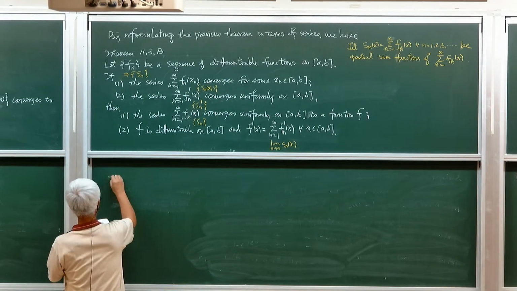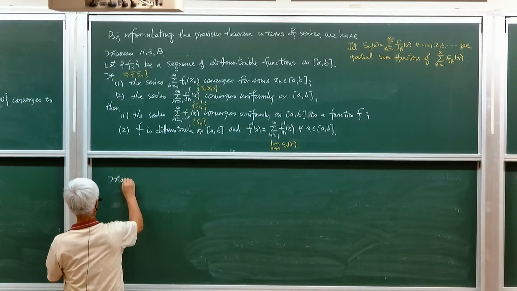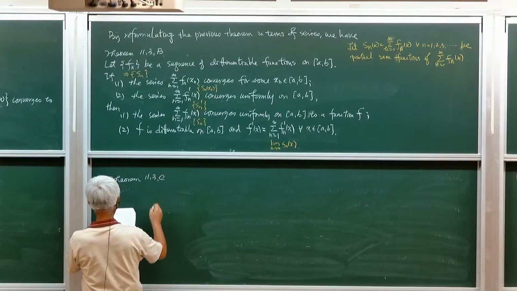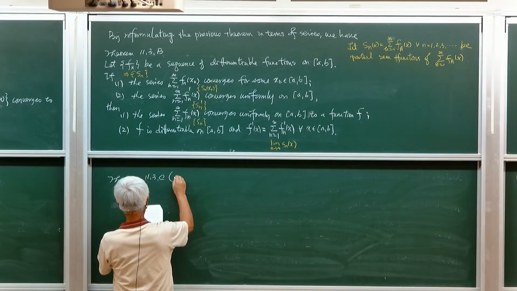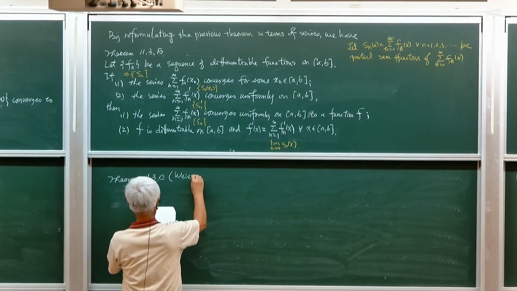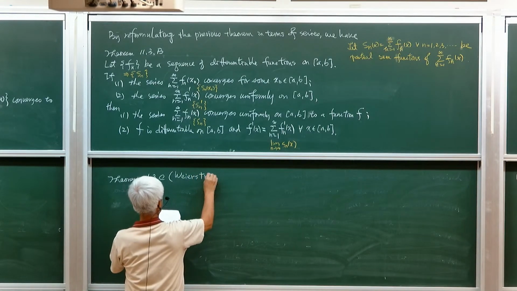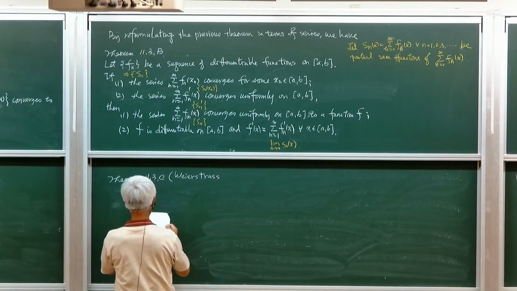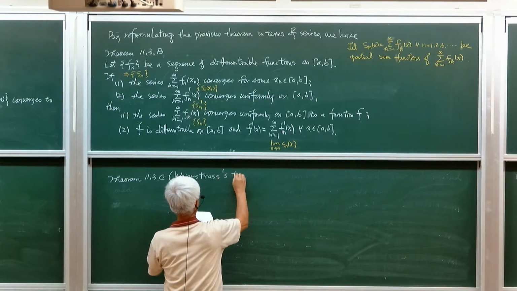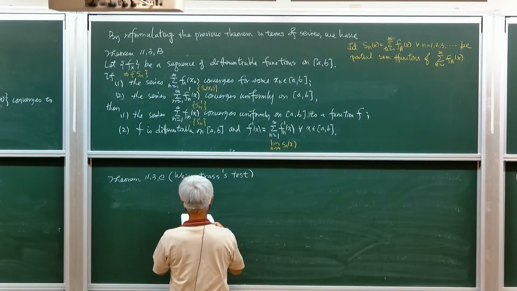We call it Theorem 11.3.c, and people usually call it the Weierstrass test of uniform convergence.